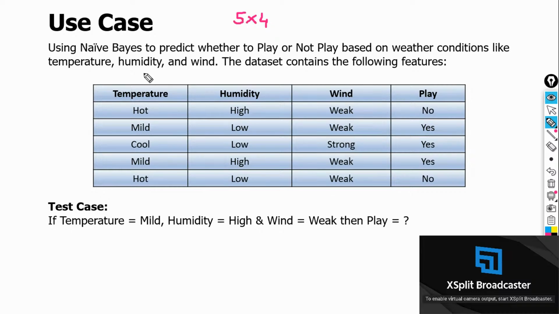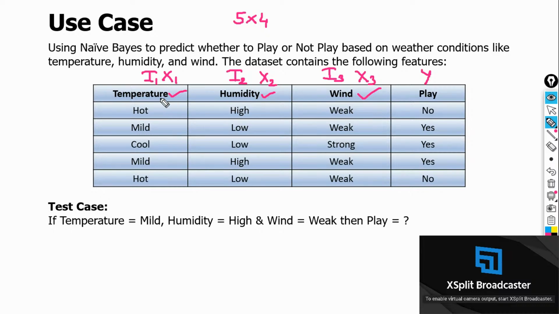Out of 4 columns, how many inputs do I have? Input 1, input 2, input 3. These inputs are generally represented with x1, x2, x3. And this is my output. So depending on the three inputs, I have an output. What are these three inputs talking about? They're talking about temperature, humidity, and wind. So probably these features are talking about climate.